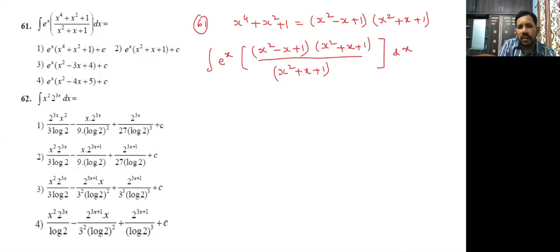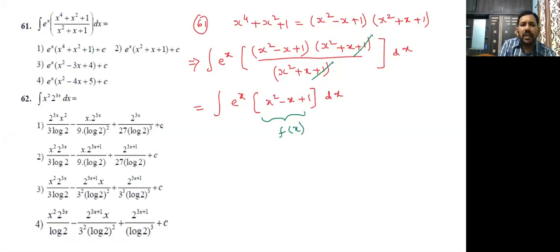Now here these two terms are going to cancel. Remaining, observe that, integration e power x into x square minus x plus 1 dx. Now we have discussed one formula, integration e power x into f of x dx. This is what you have to think as f of x.